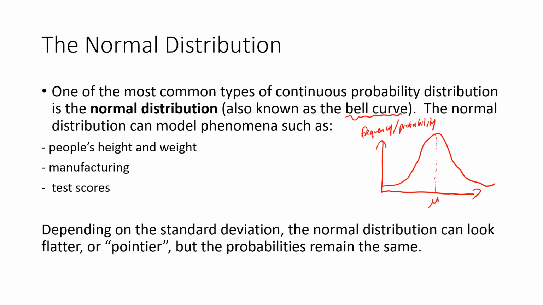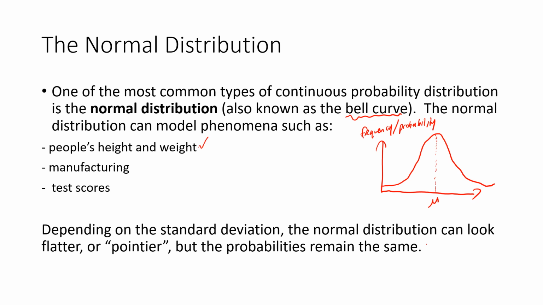the thing is, there are many things in real life that can be modeled around this. Examples include people's height and weight. If you took a large group of people who had similar characteristics, like same gender, around the same age, you should get heights where it is centered around a mean.